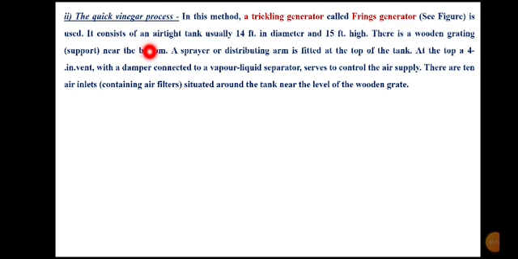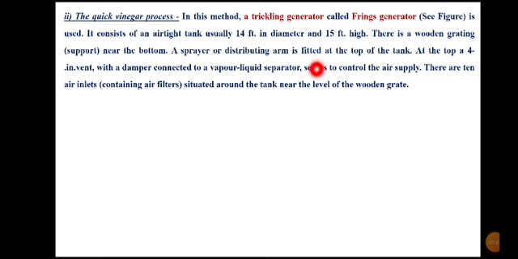It consists of an airtight tank, usually 14 feet in diameter and 15 feet high. There is a wooden support or wooden grating near the bottom. At the top there is a sprayer or distributing arm fitted at the top of the tank.